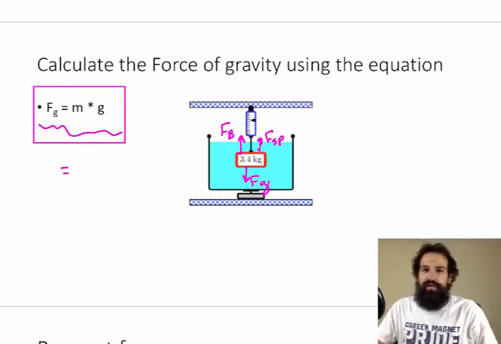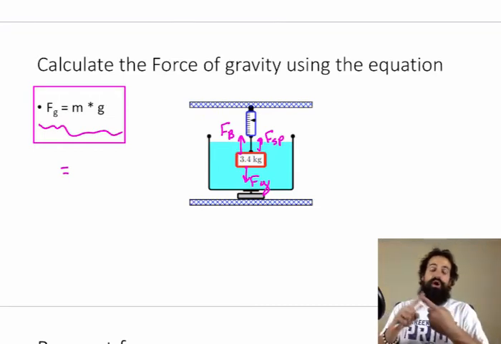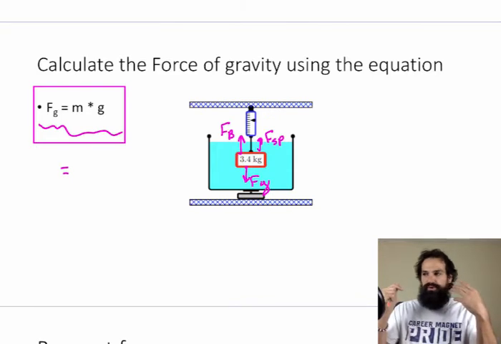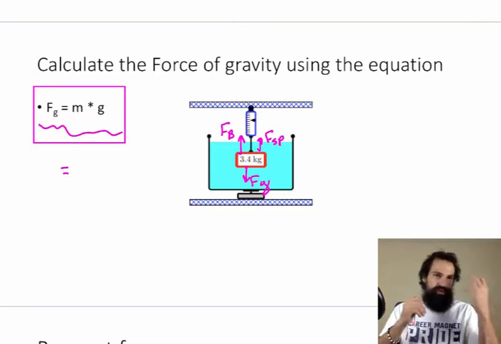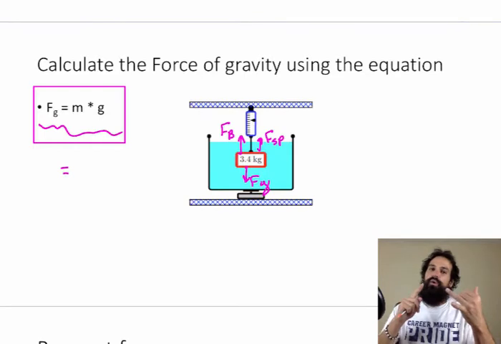Whenever you do your work, I strongly recommend, number one, carrying your units through your work. It will catch you if you make a mistake along the way, because you'll start to recognize, oh, I'm calculating force, meaning my final answer should be in newtons or kilogram meters per second per second.